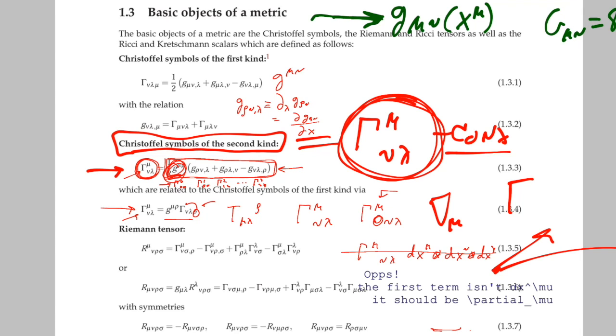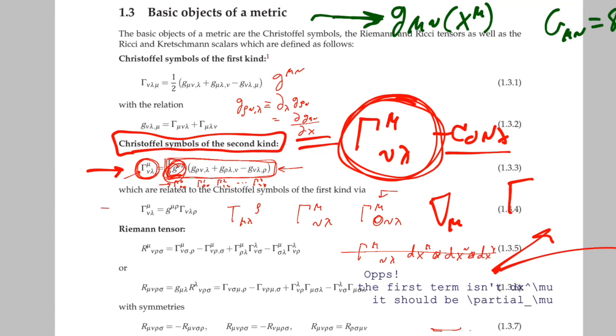But you're not in this case. And also, if you use the regular metric to lower that mu, where would it drop? So the point is, this definition is not the same as raising and lowering indices. That's very important to keep in mind.